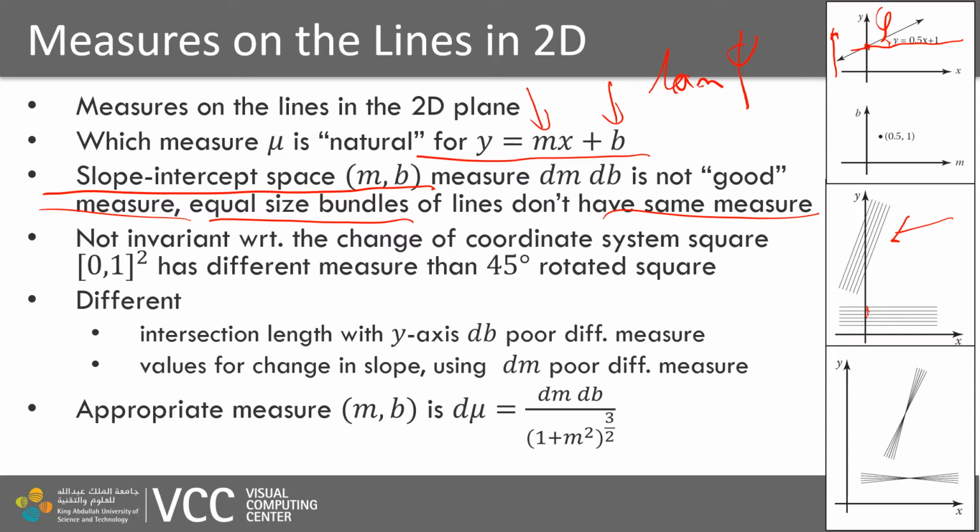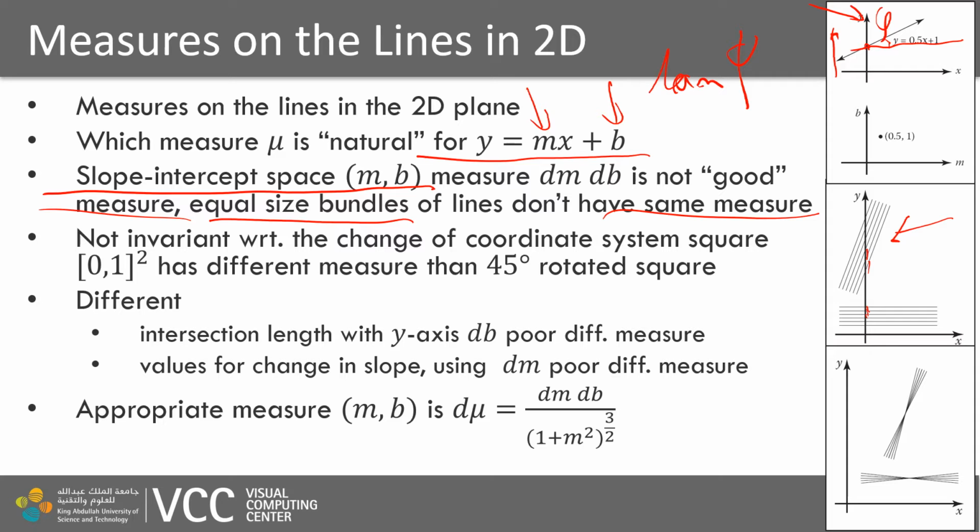There are certain distances between the lines, and these distances are larger if the lines have different slopes. It's the same set of lines, they are just rotated, but b will have a different value. So this is not a good measure, and we can cope with this by multiplying the intercept with the sine of the phi angle, and then this will be a correction term so that dB will be equal irrespective of the rotation.